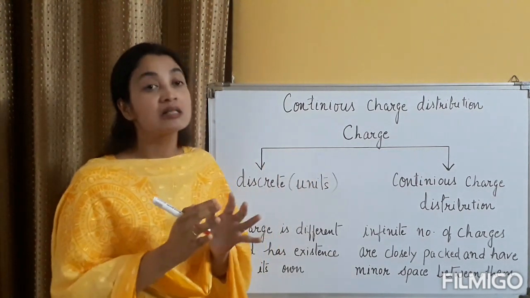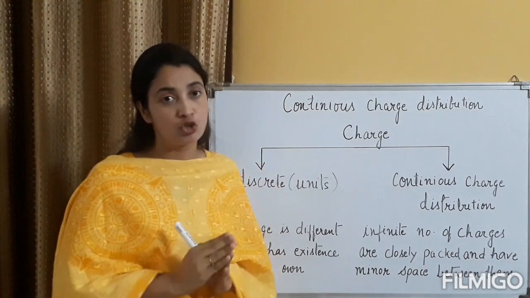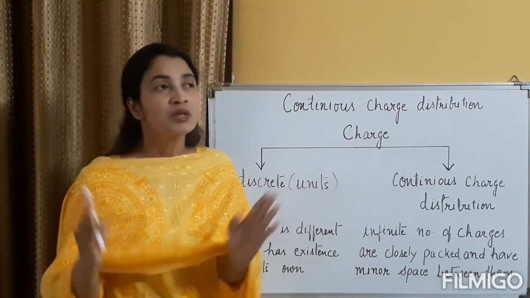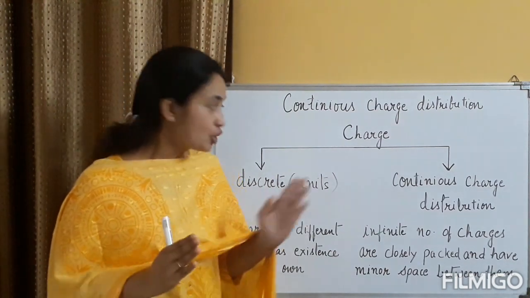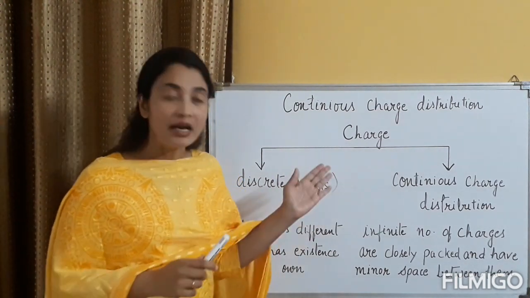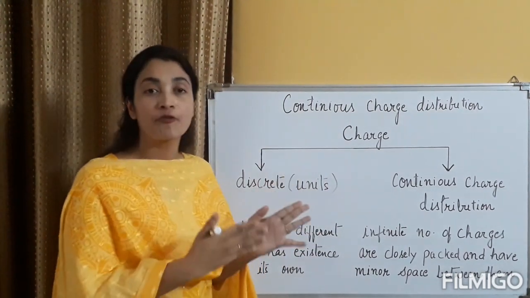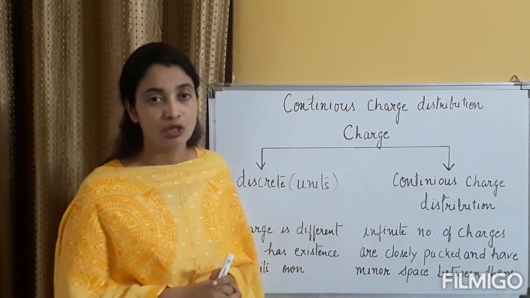That simplifies our situation and enables us to calculate the electric field in a more simplified manner. So let's see what continuous charge distribution is, and we will see linear, surface and volume charge distribution.